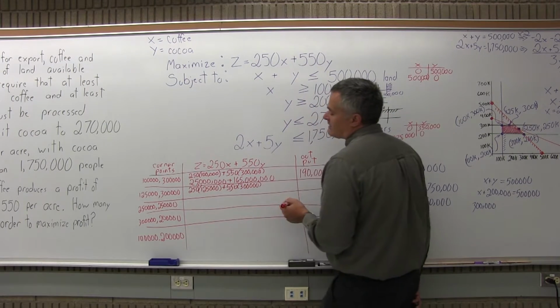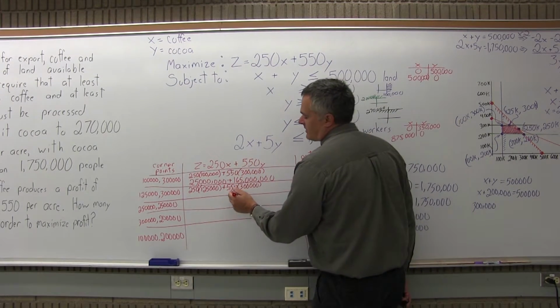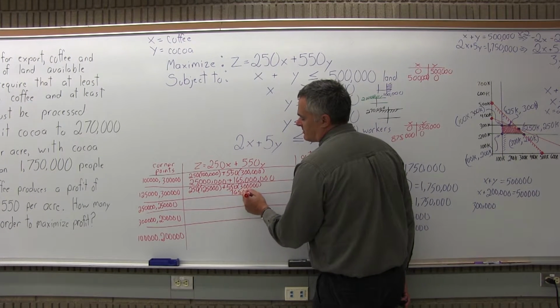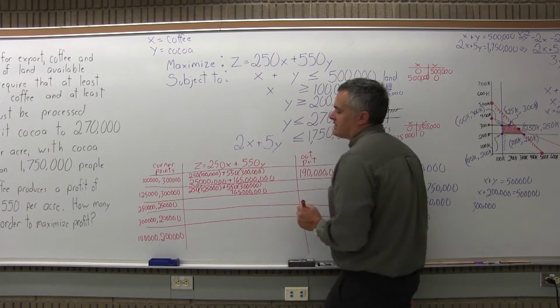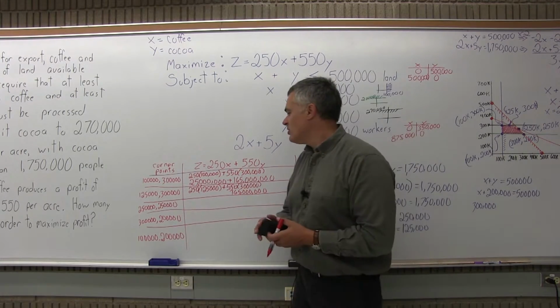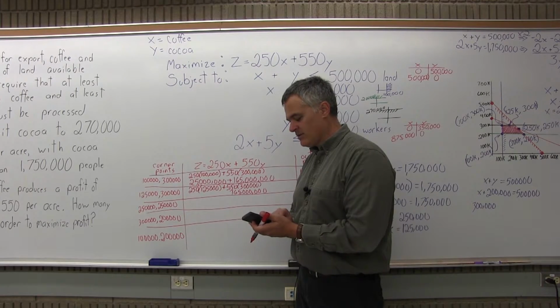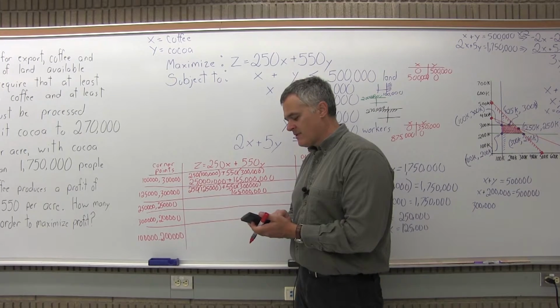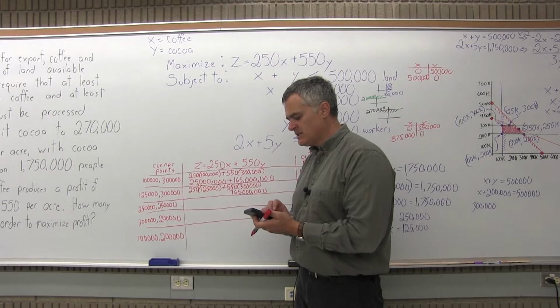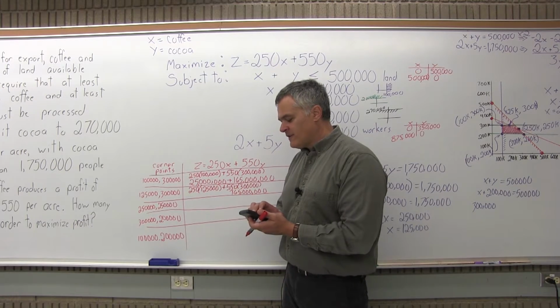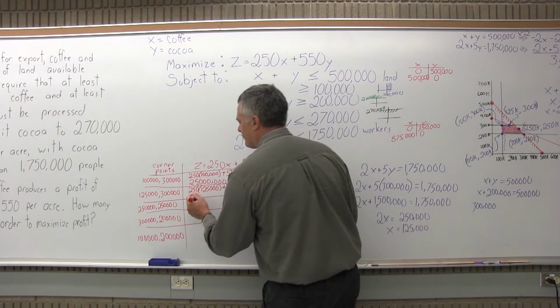Well, the 550 times 300,000 I actually did on the line above, so I'll just remember, without actually doing the math, that it's 165 million. That's easy enough. Now, the 250 times 125,000, let me just do that on the calculator. 250 times 125,000 is 31,250,000.